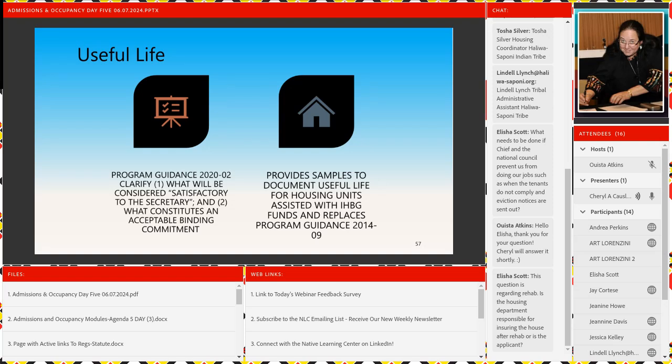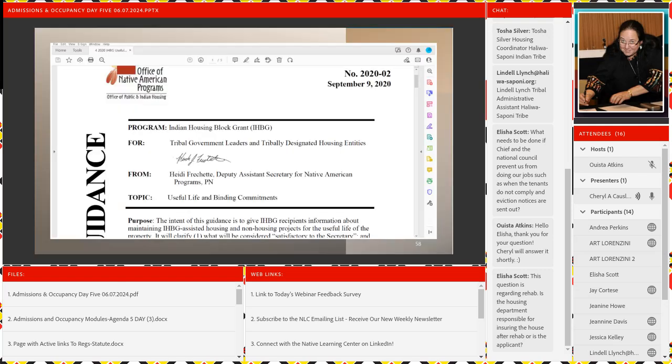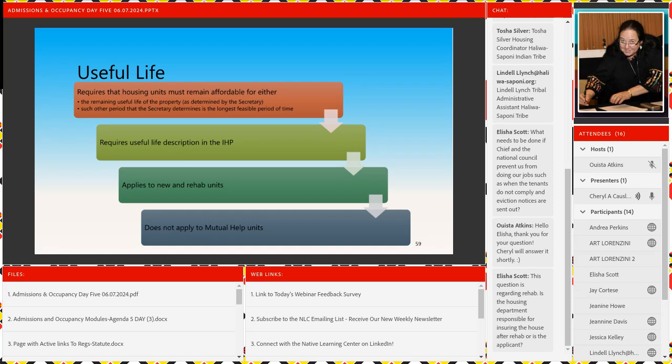So program guidance 2020-02 clarifies what's going to be considered satisfactory to the secretary, what constitutes an acceptable binding commitment. 2014-09 provides samples of useful life for housing units assisted with block grant funds and was replaced by 2020-02.